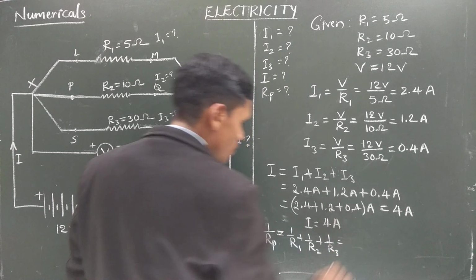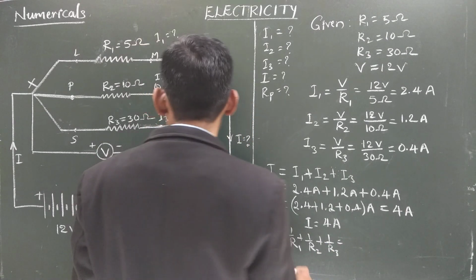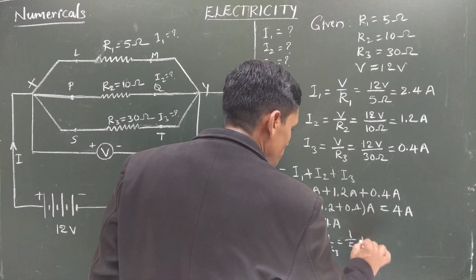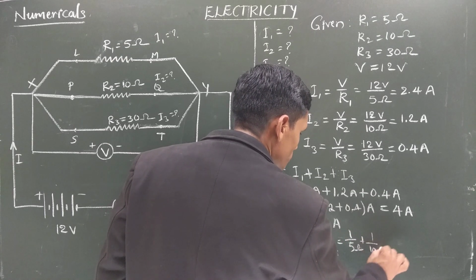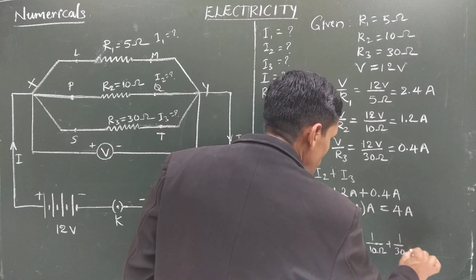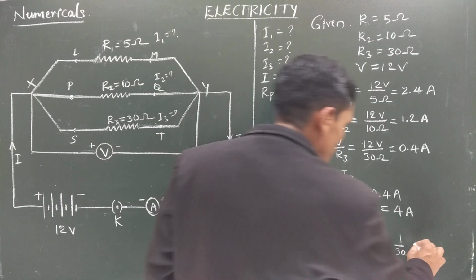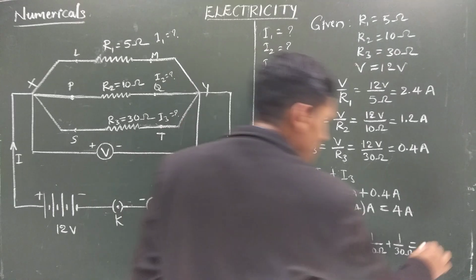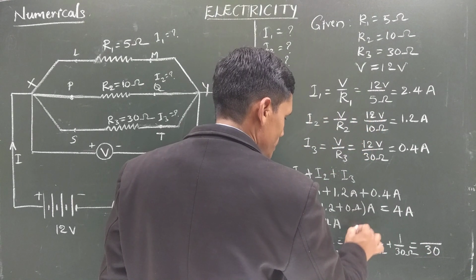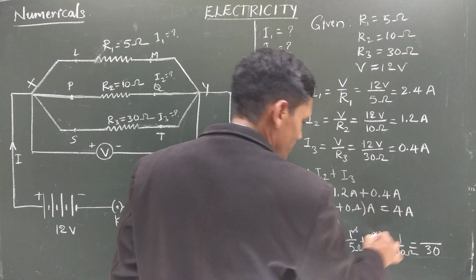That is 1 by 5 ohm plus 1 by 10 ohm plus 1 by 30 ohm. Taking LCM, we get 30 as LCM. 5 sixes are 30, 10 threes are 30.